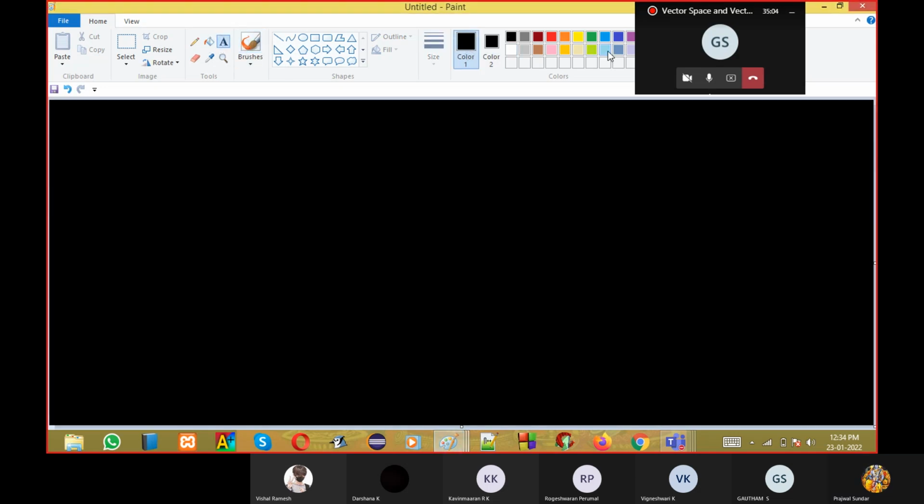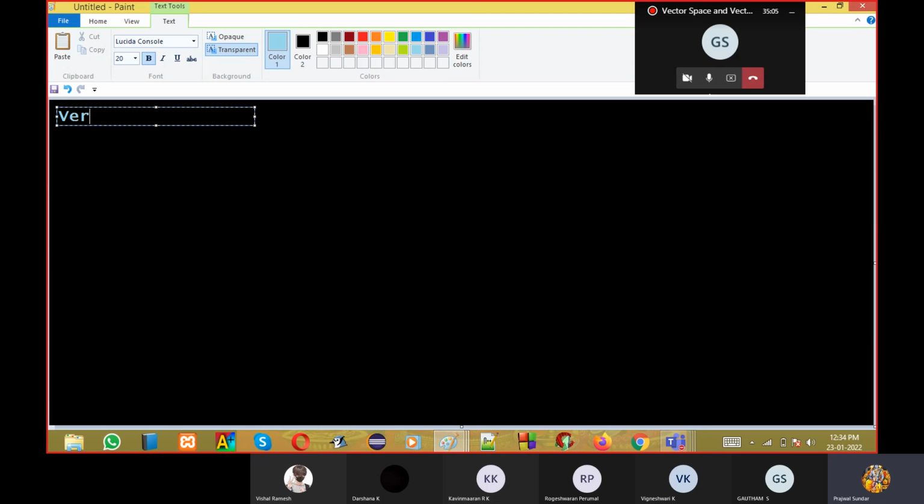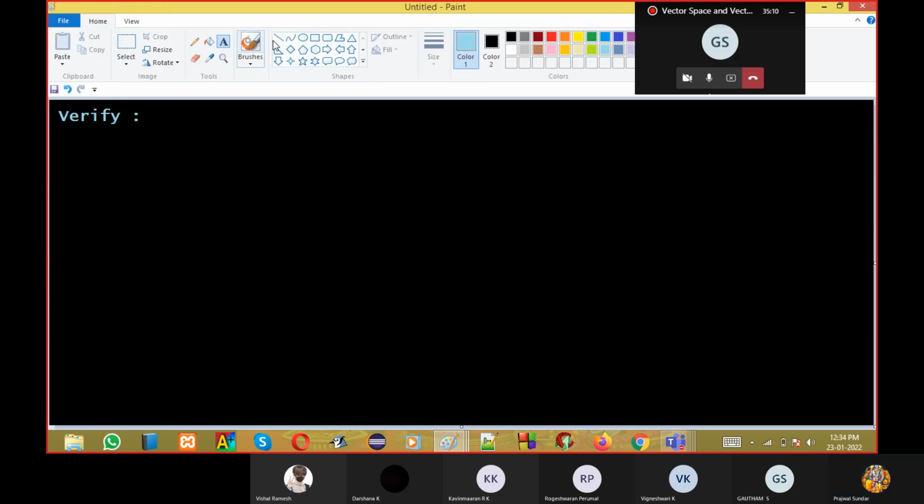I'll give another one to verify. V will be (0 comma x) for x belongs to R. Is this a vector space or not? Please solve this question. Tell me whether it's a vector space over the given field.